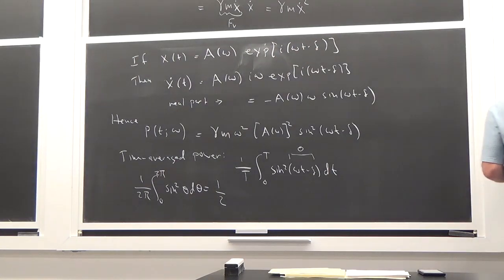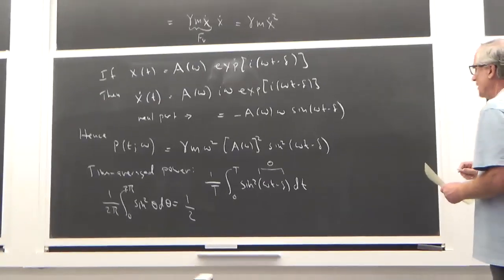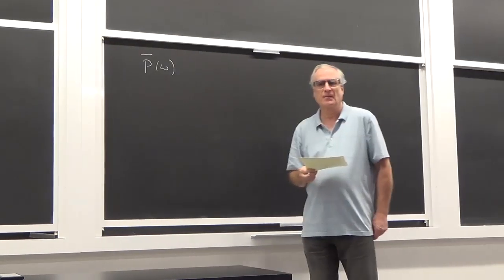So now we have, let me call the average a P with a bar over it to indicate an average.